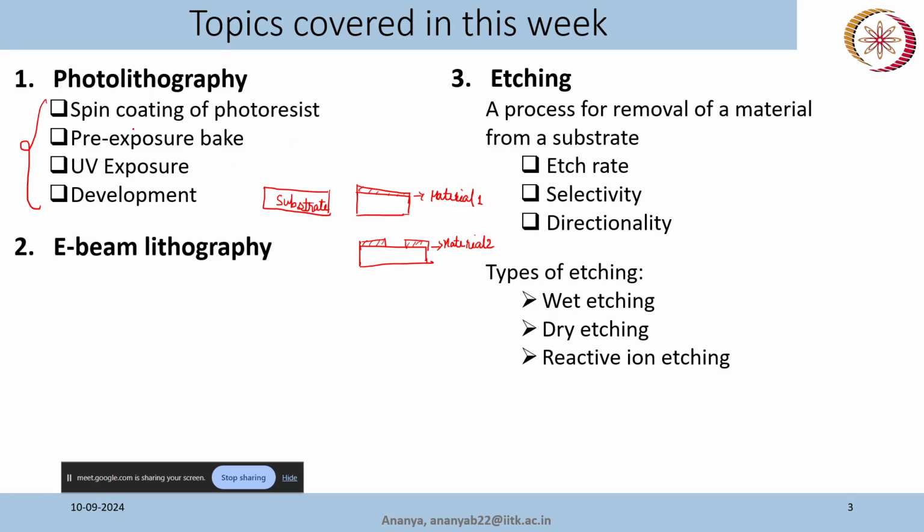So basically the first step is spin coating the photoresist. You will coat this substrate evenly with a photoresist. Now the thickness of the photoresist will depend on the spin coating speed, the speed at which you coat the resist.